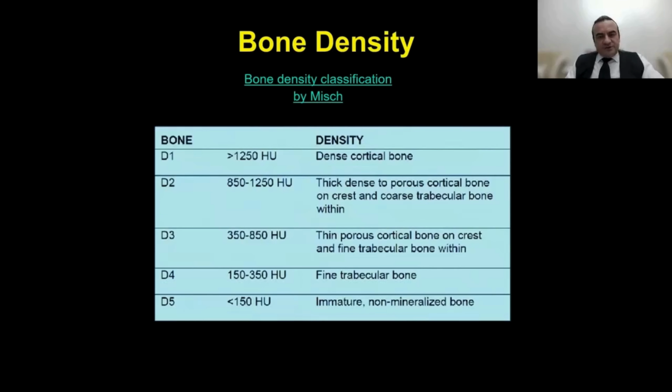We can also go beyond, into bone density measurements. For bone density, as all of you know, in spatial CBCT imaging we don't have a standard Hounsfield unit, but we need this data because of the bone density classifications. This is the straightforward classification by Misch.